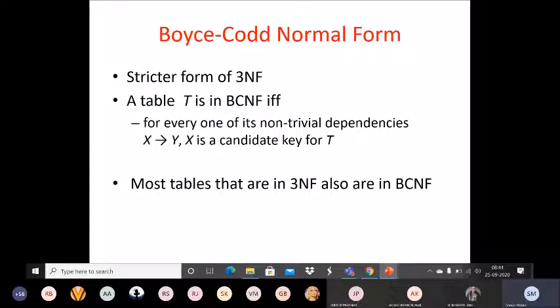So if you convert a table up to 3NF, most probably you have converted it up to BCNF. But there will be some exceptions, and there you have to check.